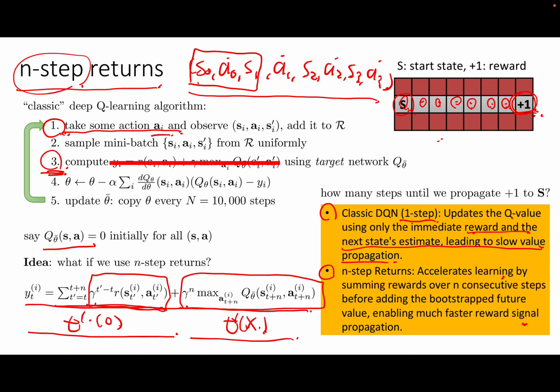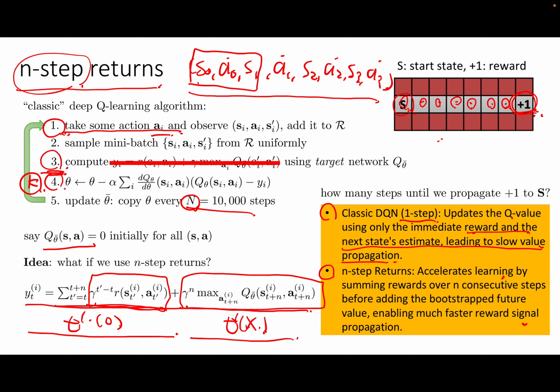Another one is that we can update theta bar every n steps. Then, in the fourth step, by introducing k, we can update theta not only once but many times.